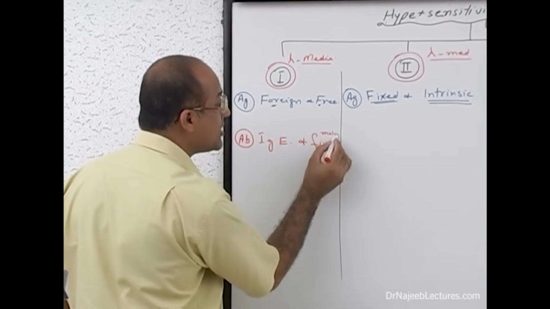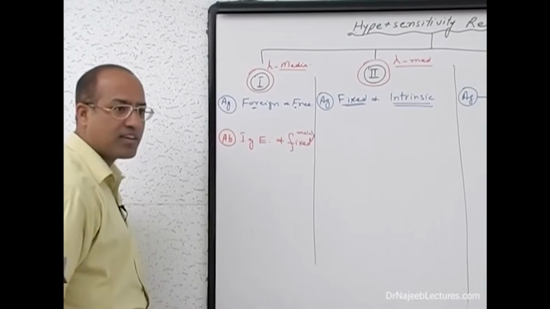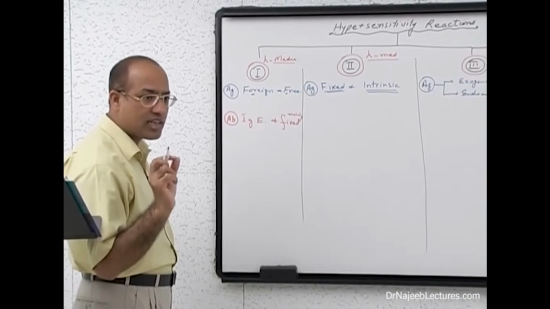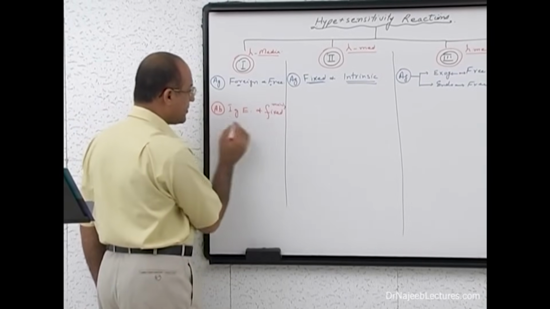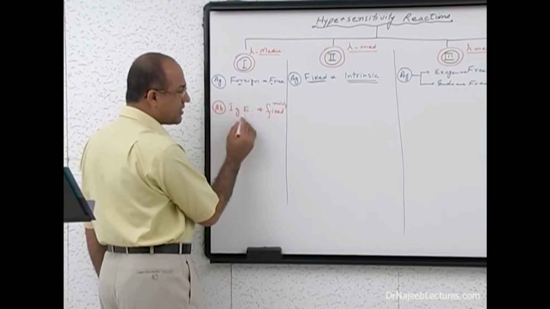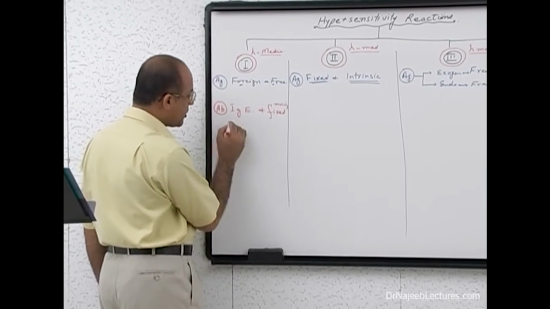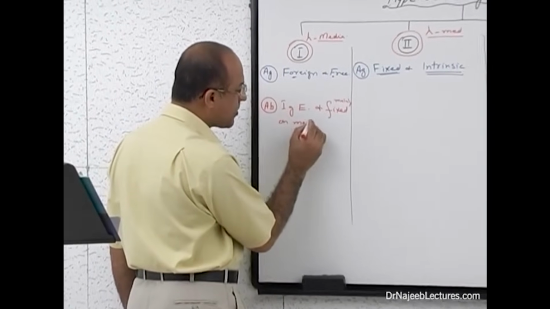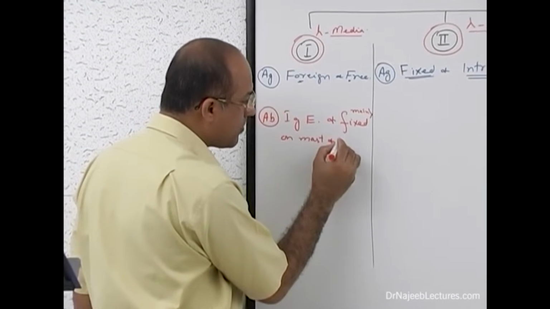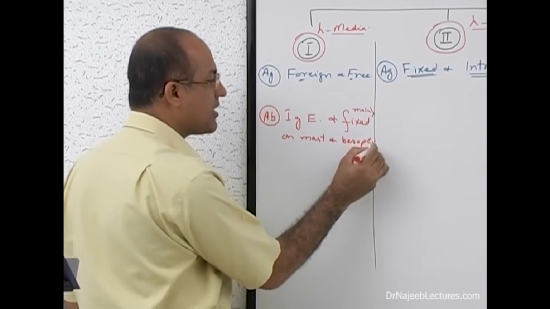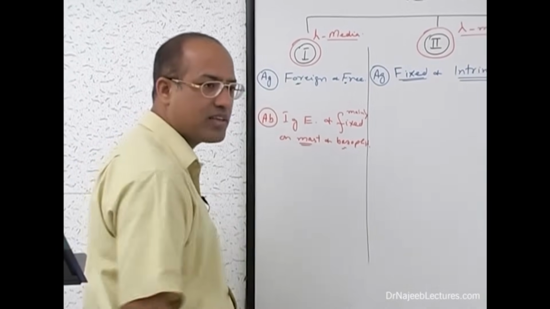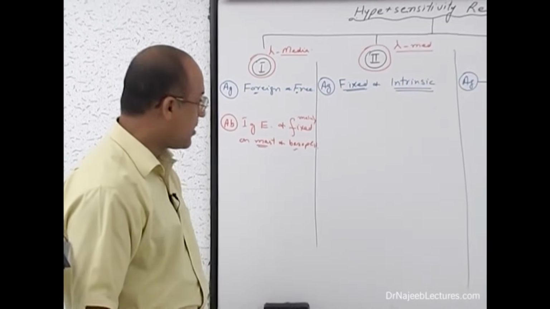Very little IgE is free in the plasma, but the antigen antibody reaction occurs with the fixed IgE. So IgE is the antibody and it is fixed on mast cells and basophils. Mast cells are present in tissues and basophils are present in circulation, right?